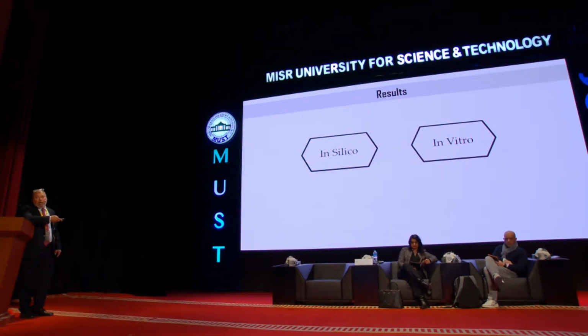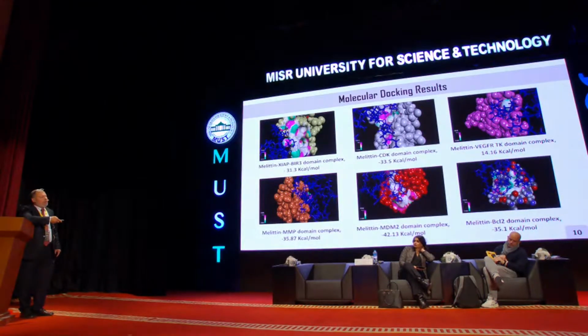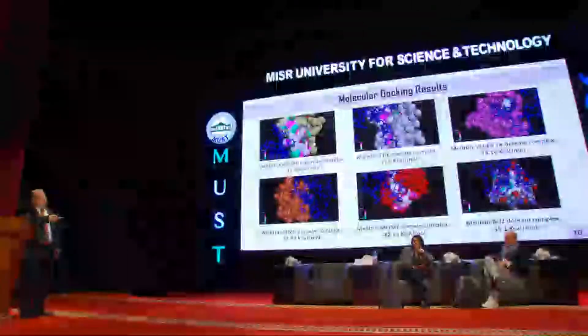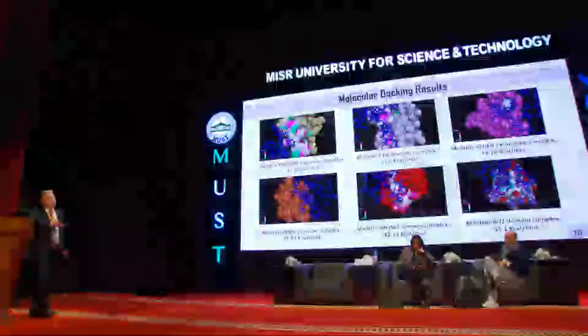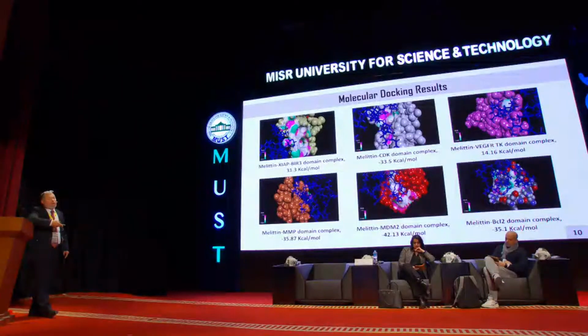So my results will be divided into 2 parts, I mean the in silico part and the in vitro part. For the in silico, here is the interaction of melittin with different cellular proteins, and we got the results that there is a high affinity with almost all of these receptor proteins, except for the vascular endothelial growth factor receptor.